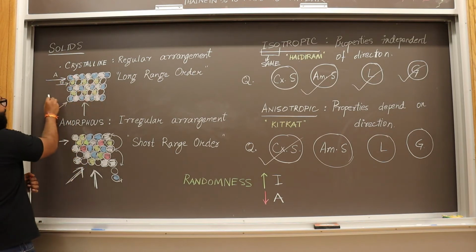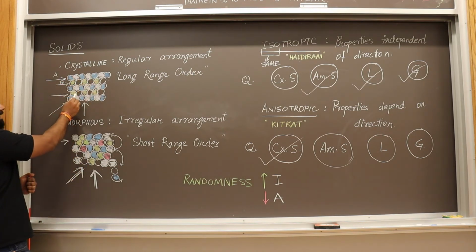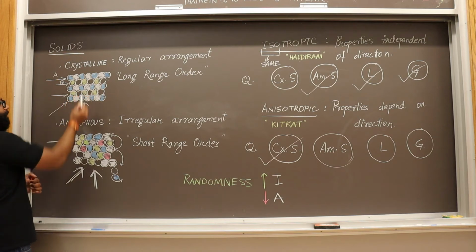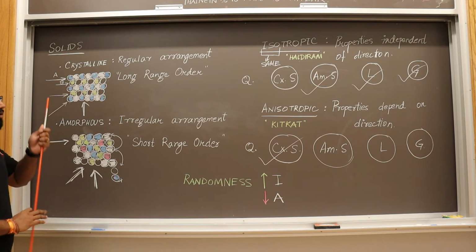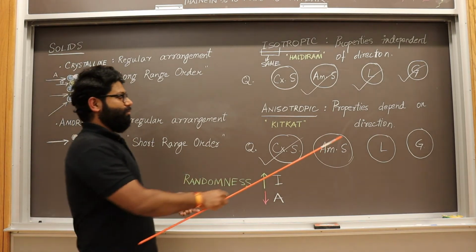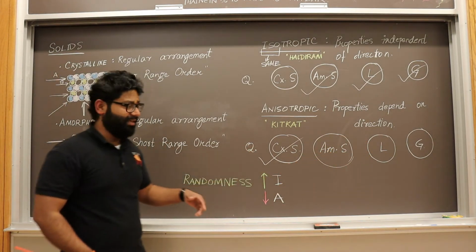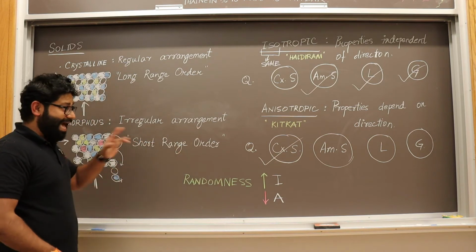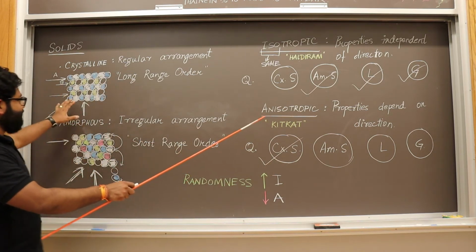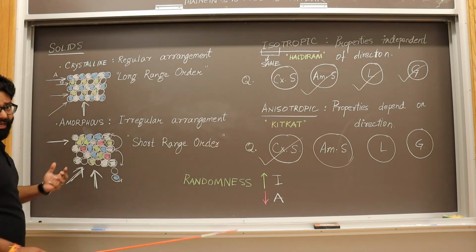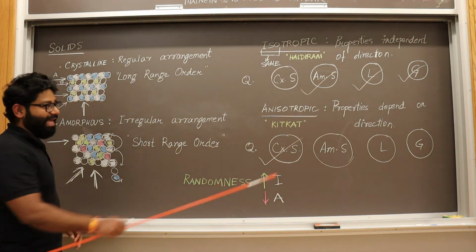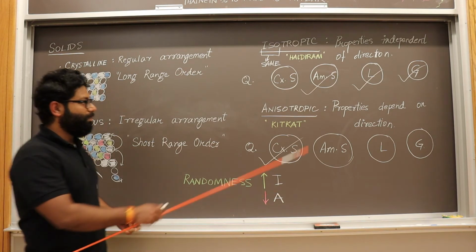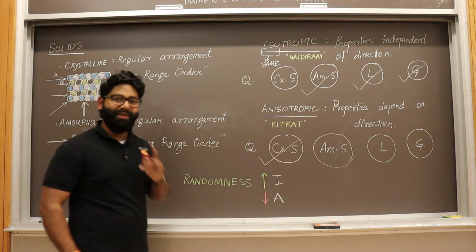But the moment the light travels in this direction, it encounters a yellow, black. When it travels from this direction, this has a different arrangement. So depending upon which direction light is traveling, it will behave differently. So that is why this is an anisotropic behavior, right? Crystalline solids behave as anisotropic because they depend on the direction.